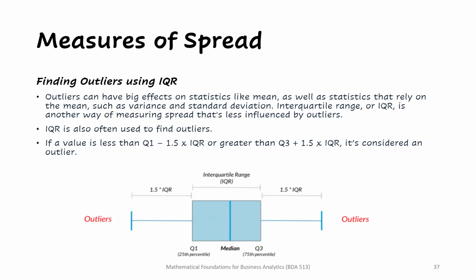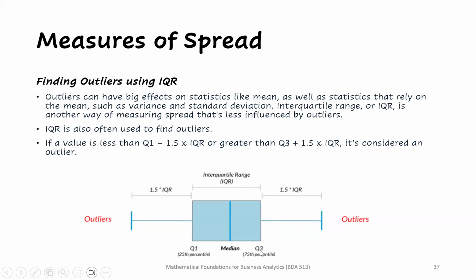For us to get the minimum value, we multiply 1.5 by the IQR and then deduct from the Q1, that is the first quartile. That helps us get the minimum value. In this case, I think the minimum value was 36.5 based upon the data set that we have. And then for the maximum value, you calculate 1.5 times your IQR plus the Q3.